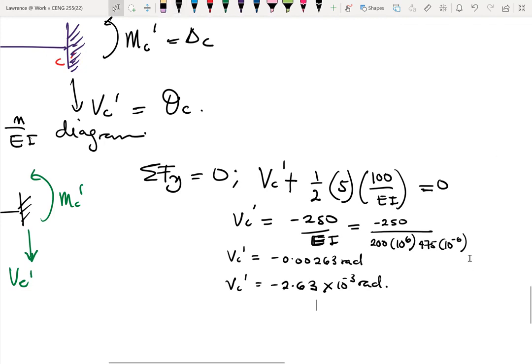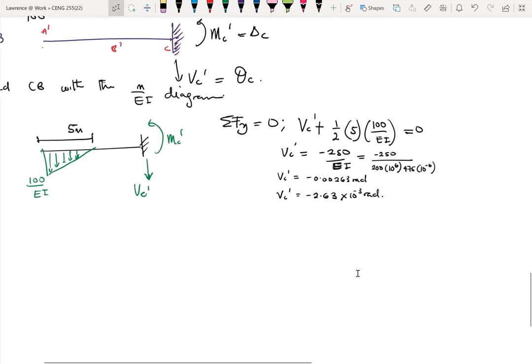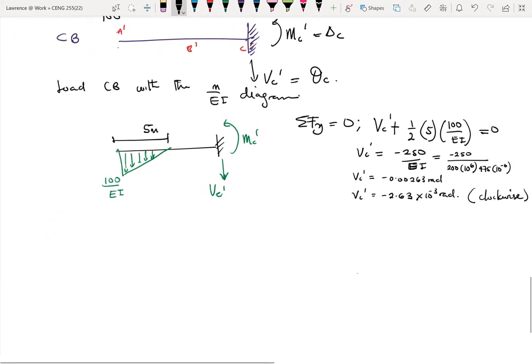Great. So once we have that in mind, this is a clockwise slope. I mean, you don't need to put that into brackets, right? Unless maybe I can find out in what direction is the deflection, or in what direction is the slope.